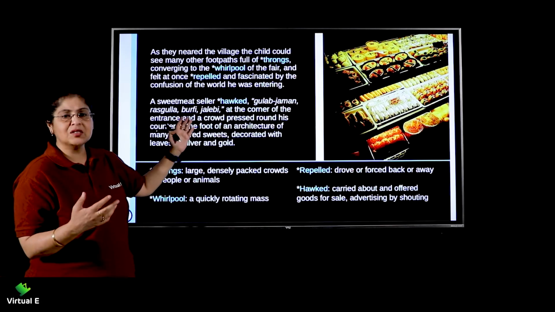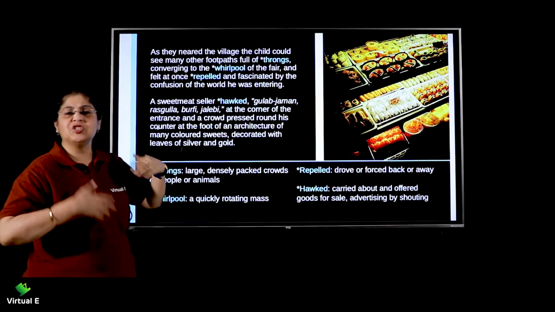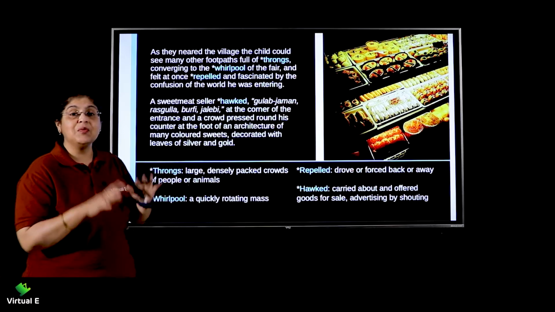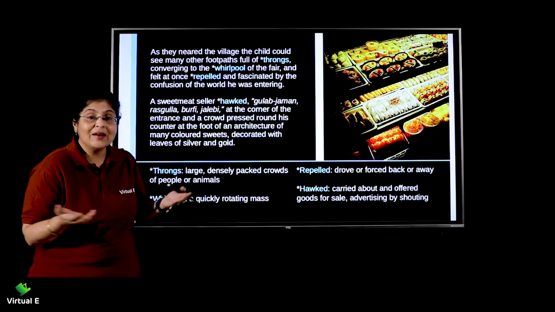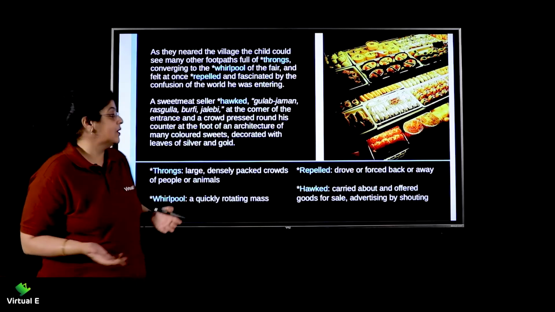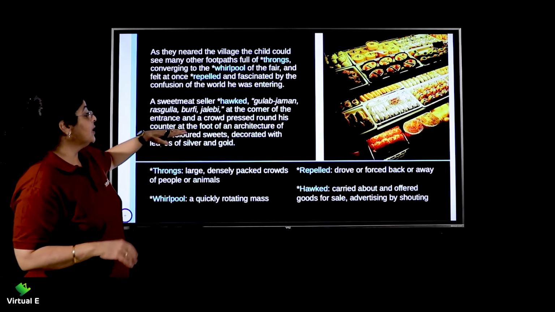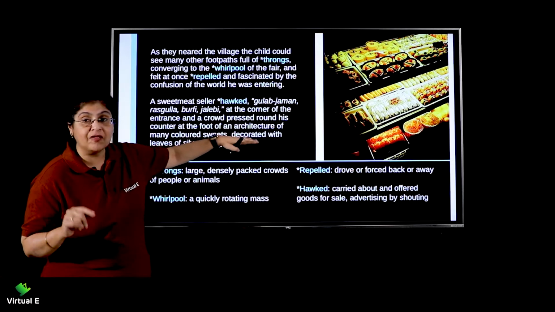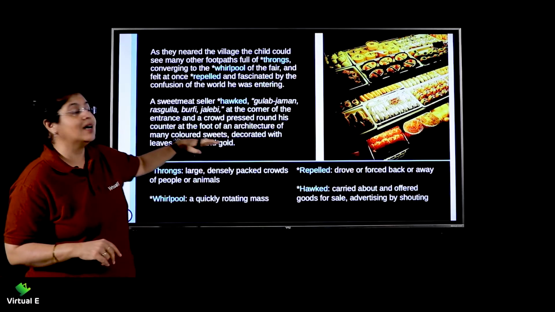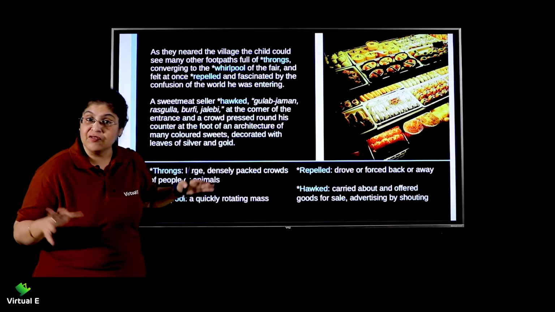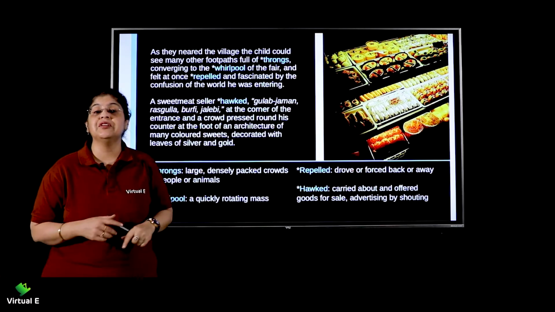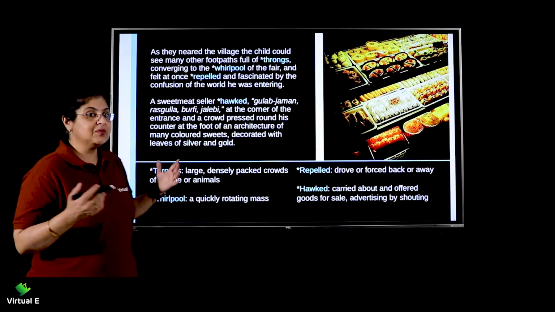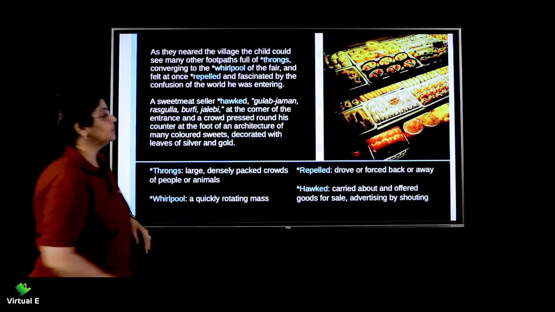Gulab jamun, rasgulla, barfi, jalebi, he was shouting, and everyone came round his counter. Why? Because he had decorated it so well. So that's why there were many people around him.